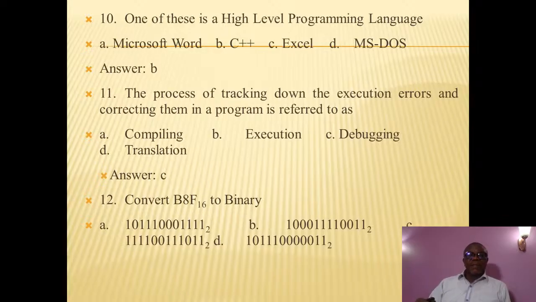Remember, in hexadecimal, F represents 15. So if you convert 15 to binary, you will have 1111. So 8 in base 2 is 1000, and B in base 2 is 1011. You just list them like that, and it gives you the binary equivalent.